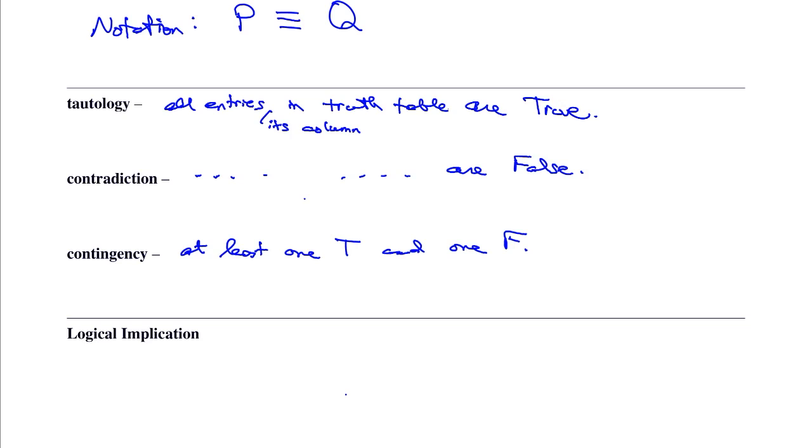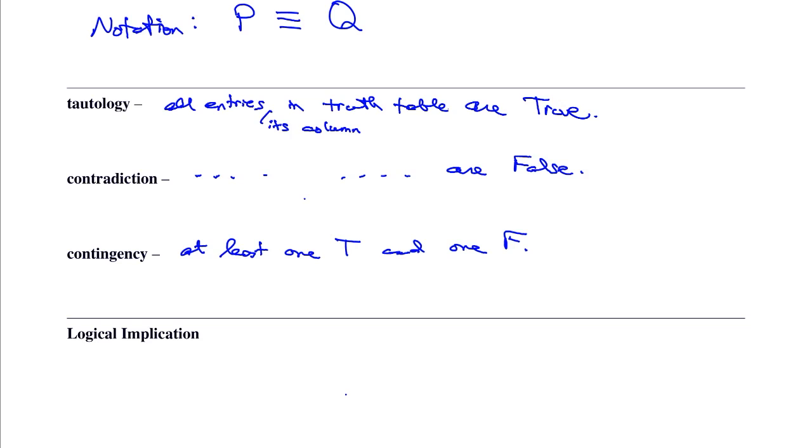So then P is P. You do it on the P column. So if P, then, if true, then true is true. If false, it doesn't matter what this one is, it's vacuously true. That is a tautology. They're all true.